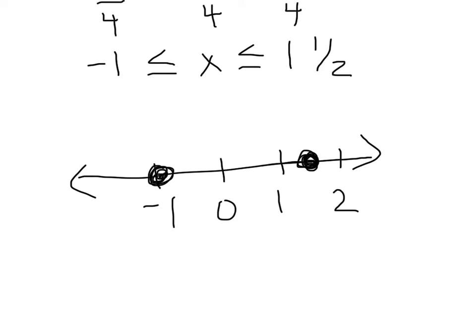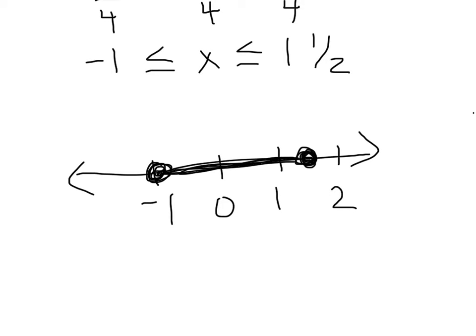And it can be anywhere in between. What is the interval notation for this solution? Well, we need to begin at negative 1, end at 1 and 1/2. Include the endpoints. How do we do that? Square brackets.